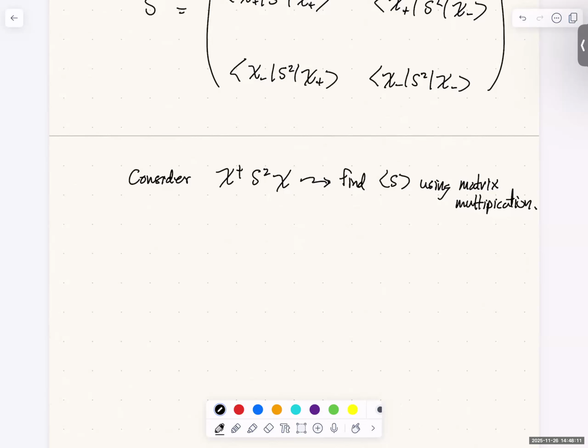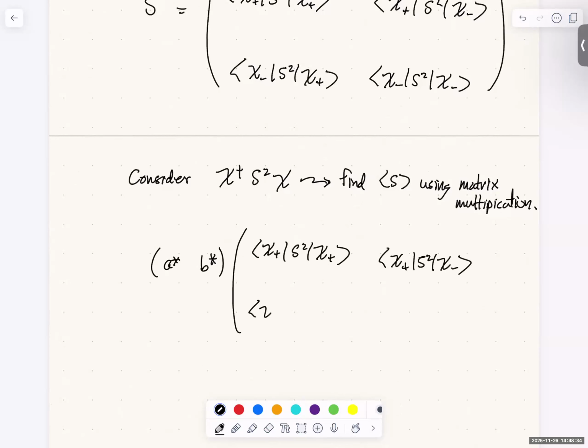So what did we say? We said chi dagger was going to be A star, B star. And then we have our S squared matrix. Okay, so we're going to have to write it all out again. That's fine. So we have plus plus, plus minus, minus plus, and then minus minus.